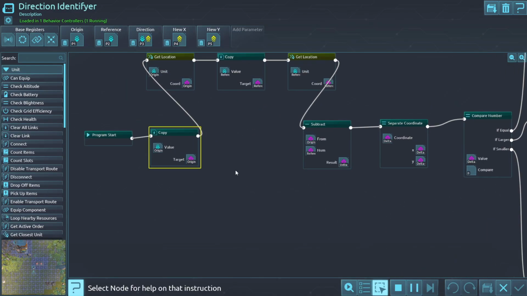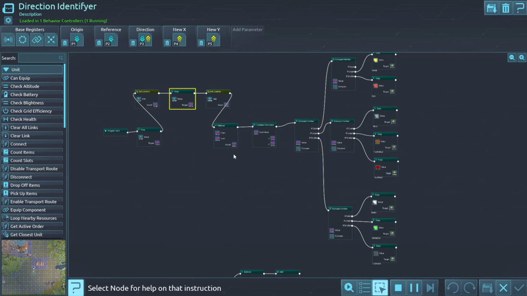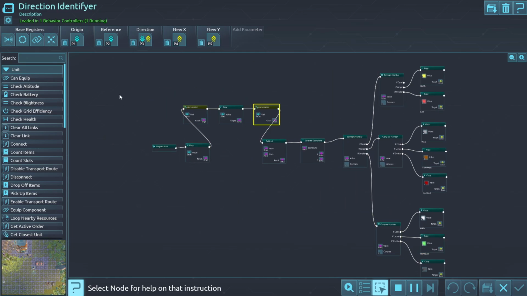Now, if we take a look at this behavior, this is best going to be used as a called behavior. And because of that, I've actually gone ahead and put a couple of parameters in. We have two input parameters. We have our origin and our reference. So when you call this behavior, you'll actually be able to input your origin coordinate and your reference coordinate from whatever behavior is calling this behavior.